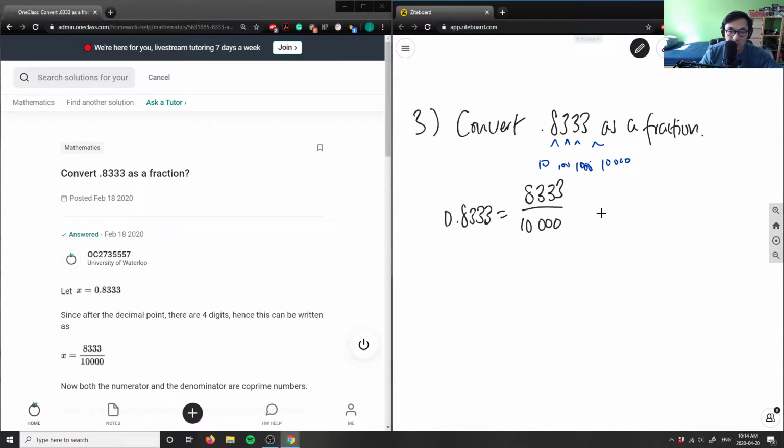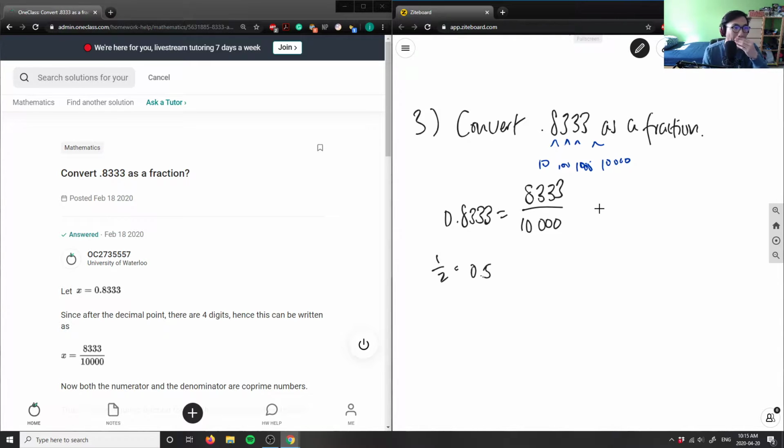But what I can do is, let me just check my calculator for a sec. Yeah, I can't really do much with this fraction here. But what I do know is that there's kind of a list of fractions and decimals that I've memorized throughout math. So if I have 1/2 here, I know 1/2 equals 0.5, right?